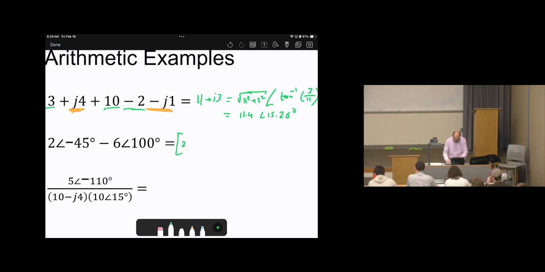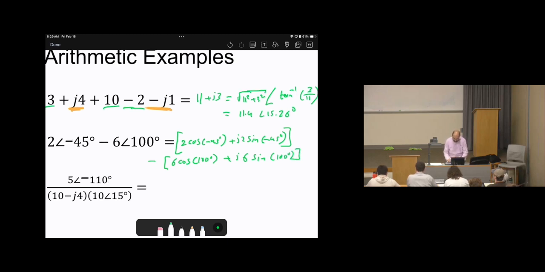It is 2 cosine negative 45 degrees plus J2 sine negative 45 degrees. Then this is the first number, minus. Then put a bracket, 6 cosine 100 degrees plus J6 sine 100 degrees.